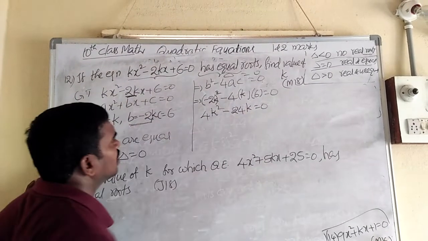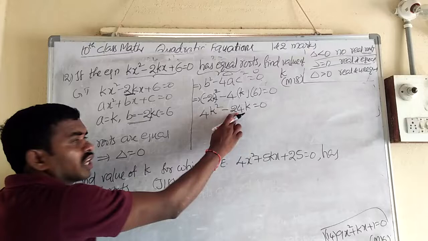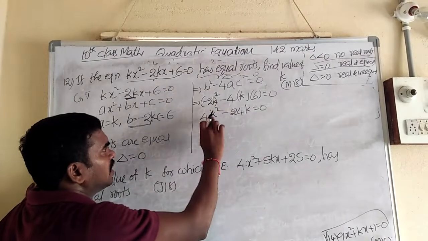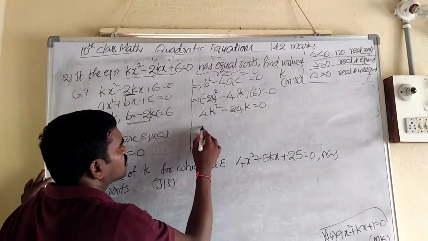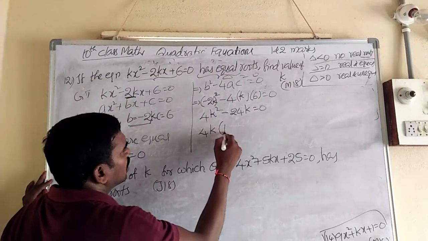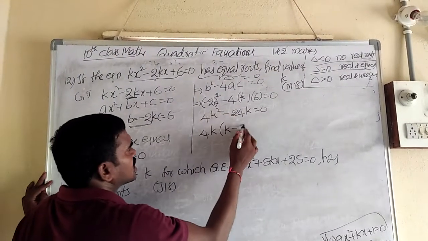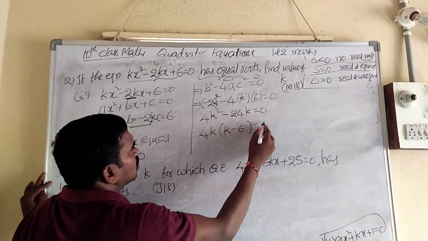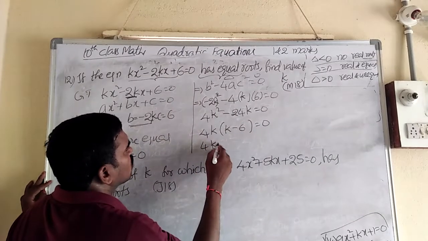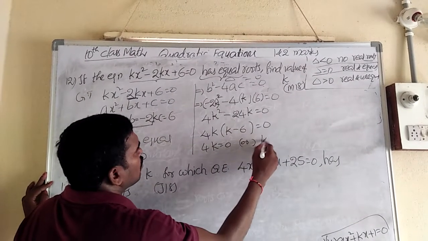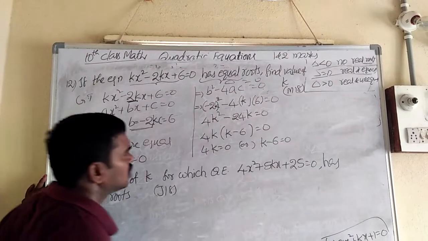So in both terms, what is common? Both come in the 4 table, so 4 is common. Here it is k, here it is k, so k is also common. Take out 4k common. Remaining is k minus 6, since in the 4 table 24 means 6. So 4k equals 0 or k minus 6 equals 0.